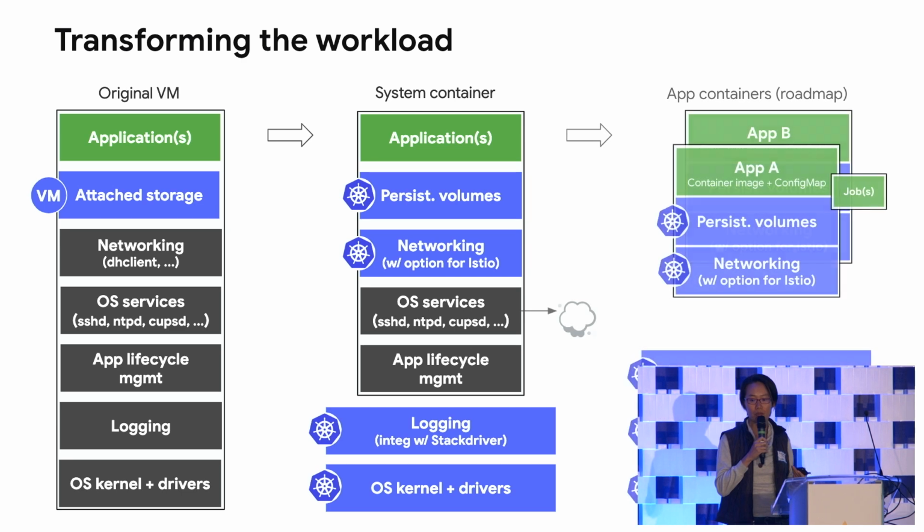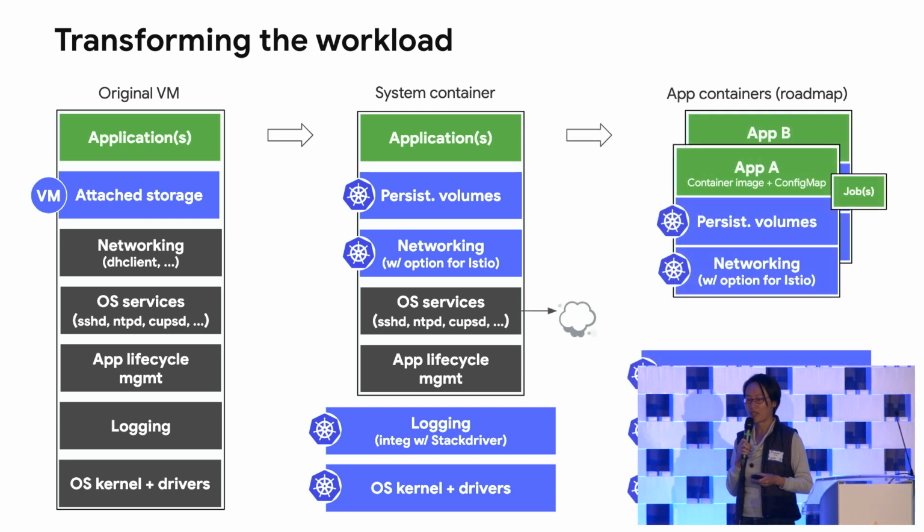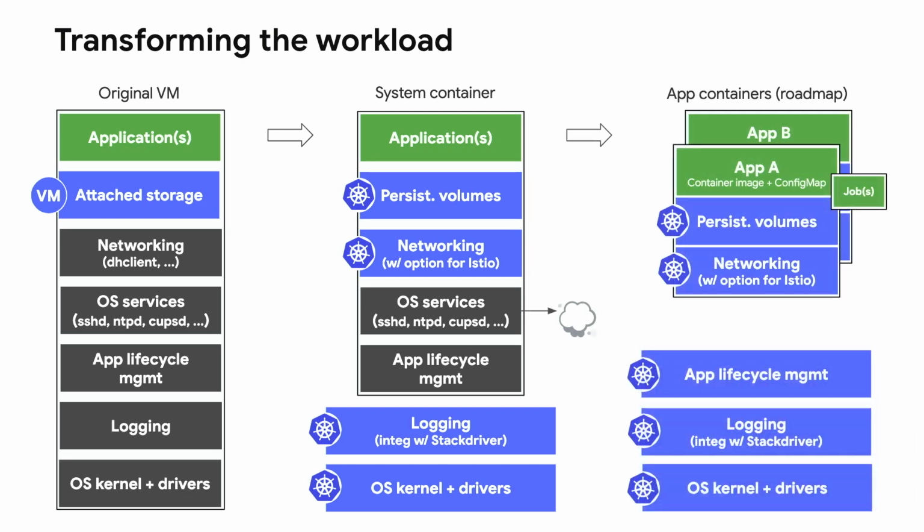Now, on our roadmap, moving forward, we have plans to break this up even further. So we will split your system container into one or more application containers, where each application and container can now be managed independently and directly by Kubernetes. So the lifecycle management of that app container will be managed directly by Kubernetes.